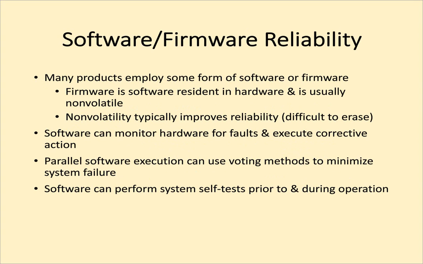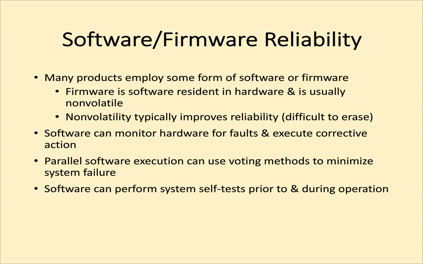I wanted to talk a little bit about software and firmware, since software adds another dimension to hazard prevention. Many products today with microprocessors and so forth employ firmware or software. Firmware is simply software that's burned into hardware. It's non-volatile, it's hard to erase, and so typically firmware would be more reliable than software.